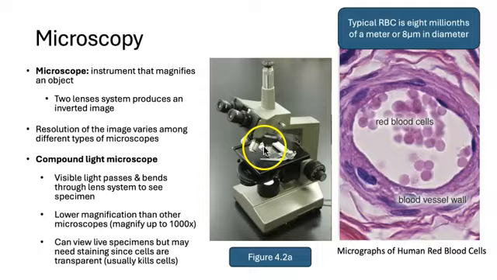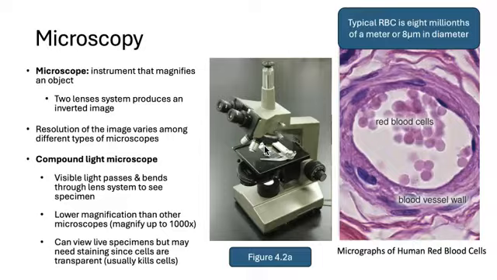So for instance, the ones that we have in our microbiology lab, some of them start with a 4x objective lens, where we can basically magnify an object up to 40 times, and then it goes up to 10 times, 40 times, and 100 times, which means we can focus on our specimen up to 1,000 times magnification.